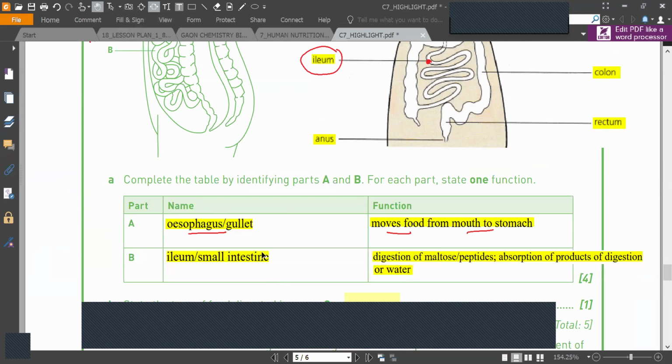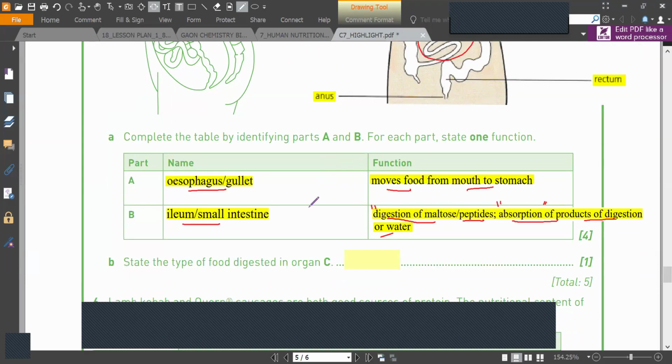Just now we mentioned the ileum, the small intestine. Function: digestion of maltose and peptides, absorption of the products of digestion and water. So in the small intestine, we complete the final steps of digestion and also absorb all the nutrients that we have digested.